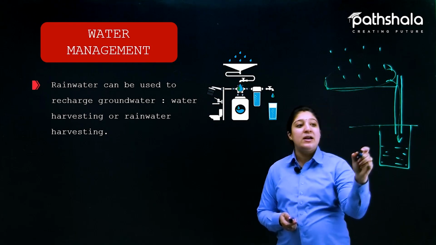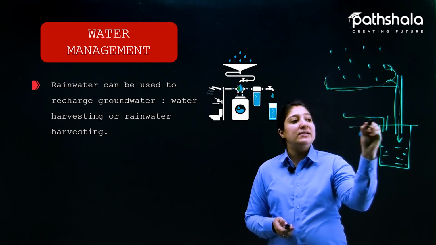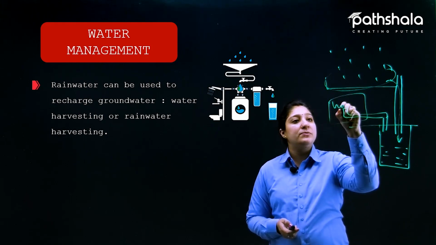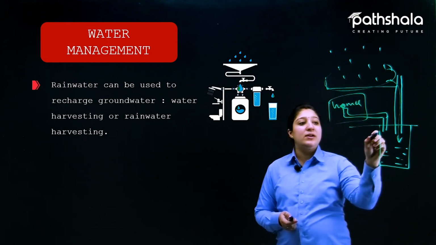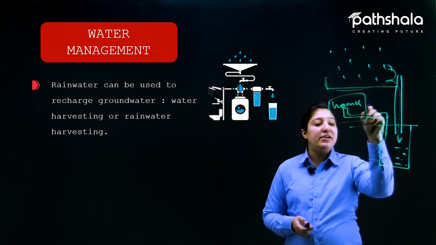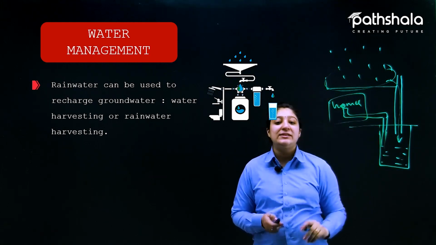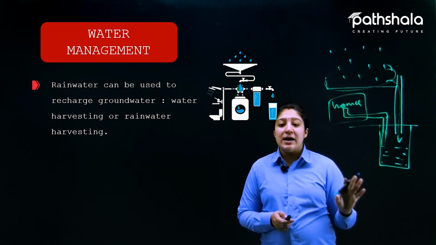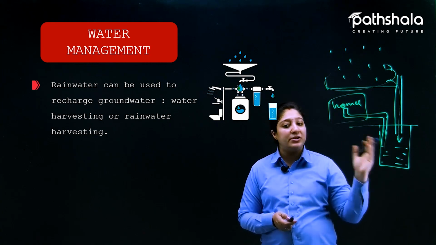These wells are further connected with pipes into the buildings itself, where the water can be used inside the homes. With taps and motors fitted into this, the water can be taken out into the houses and used for further activities. So that is how rainwater is harvested and kept for further use.